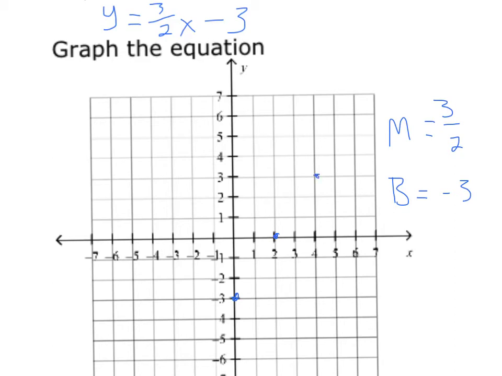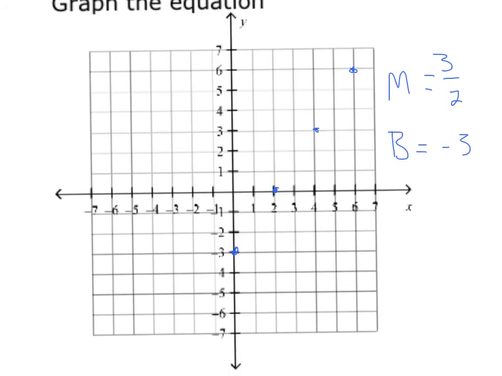I'm going to continue that pattern until I run out of space. And then I'll go down 3 if I can. I have to move the graph up a little. So down 3 and backwards 2. And then I will connect the dots. Okay.